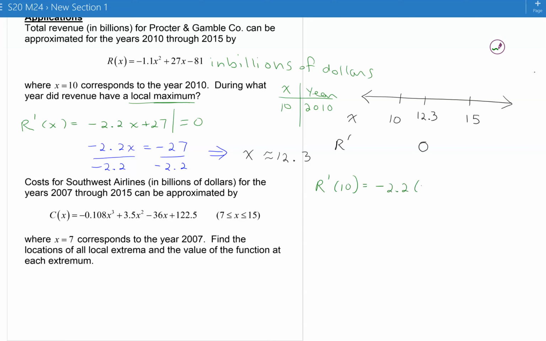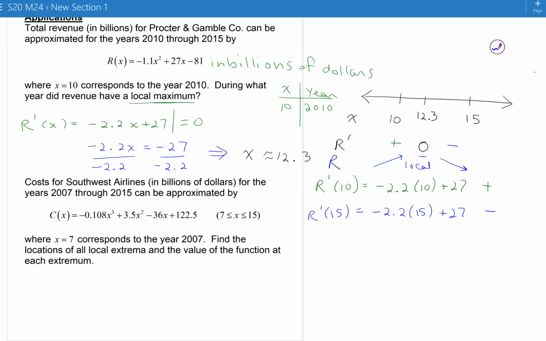Negative 2.2 times 10 plus 27, and that's going to be positive. And then let's check r prime of 15. And that's going to be negative. So now we can see that the revenue function goes up, and then it reaches a high point, and then it goes down.